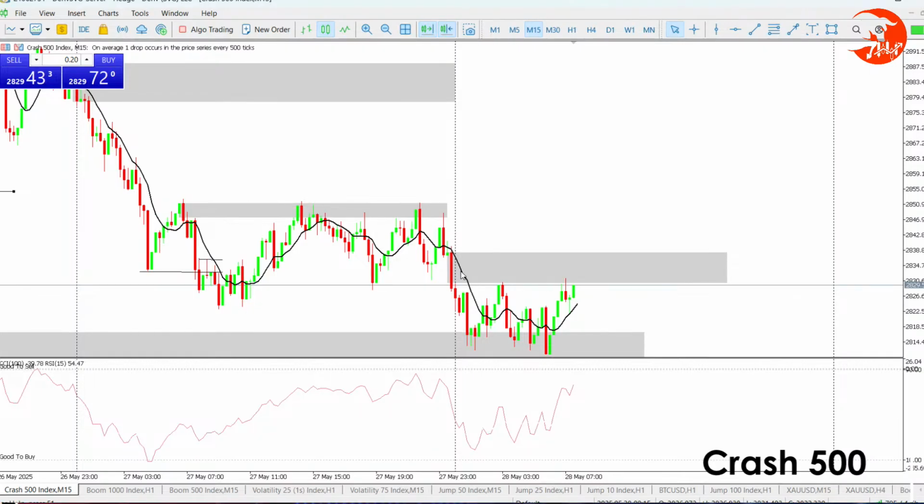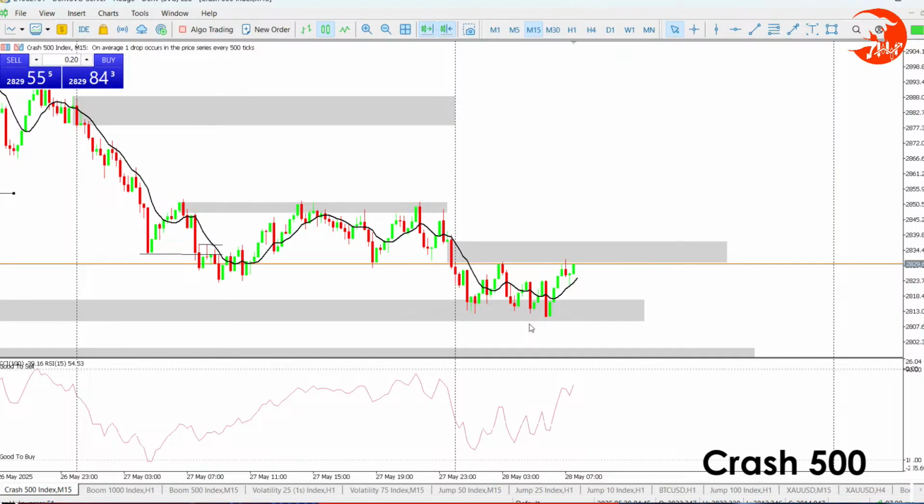This level right here, which is a fair value gap, is holding price right here. This is on M15, holding price. You may choose to wait for price to break this level. If you want to enter now, then you may enter now and put your stop loss all the way down below here.